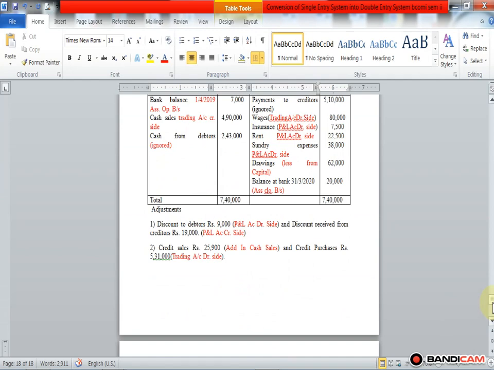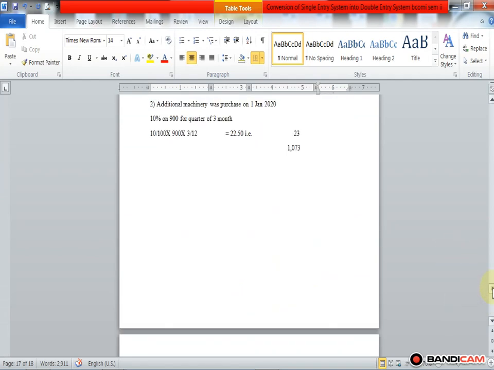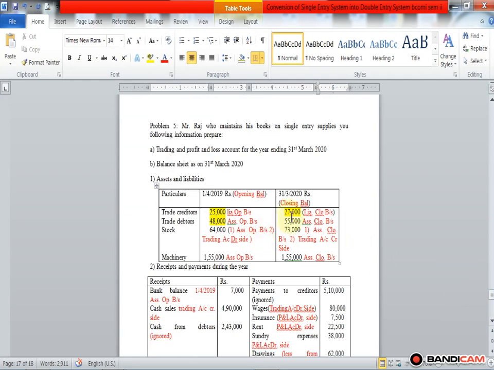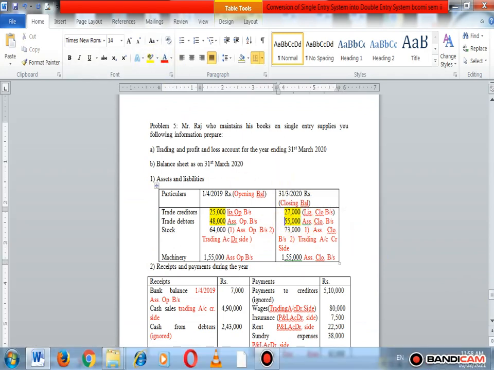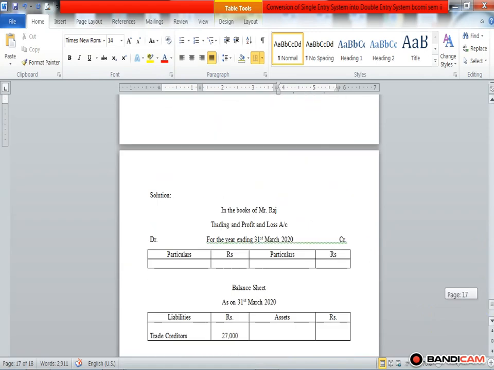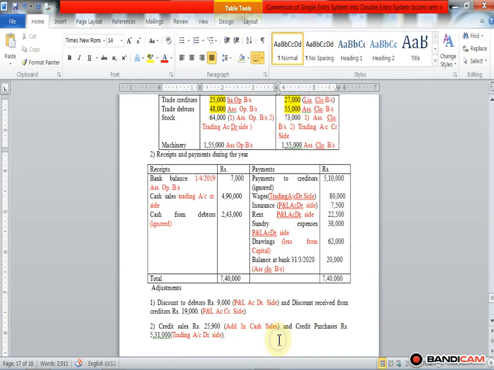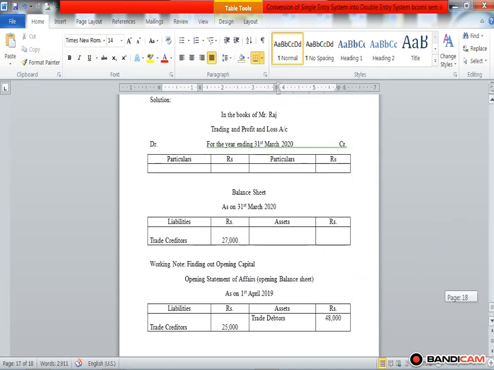Now the closing balance is transferred to the closing balance sheet. Here the closing balance is 55,000, transferred to the closing balance sheet asset side. Trade debtors 55,000.